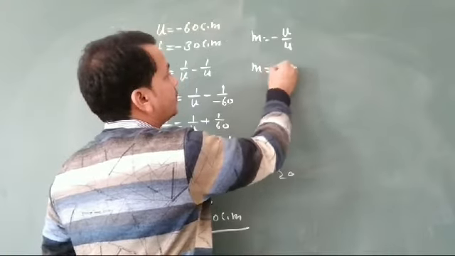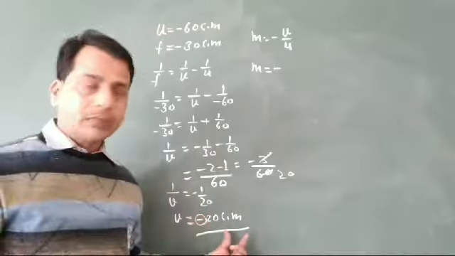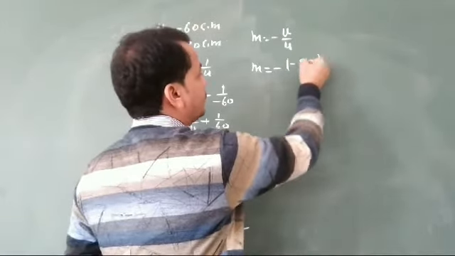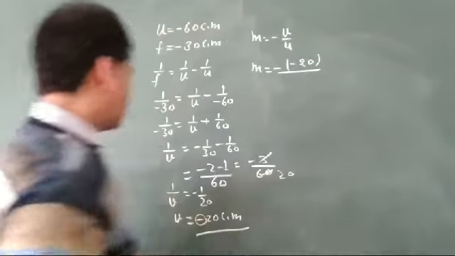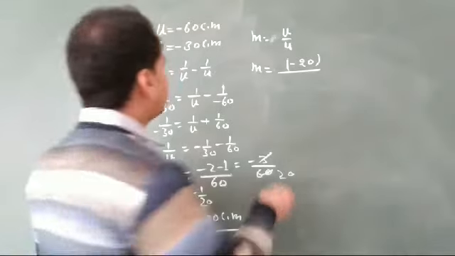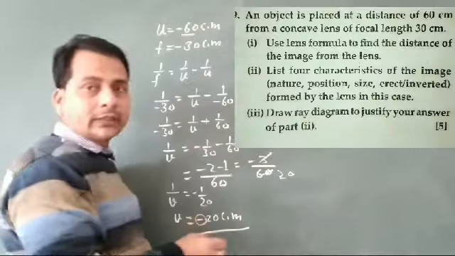Then m equal to minus the image distance, minus 20 centimeter, over the object distance, minus 60 centimeter.